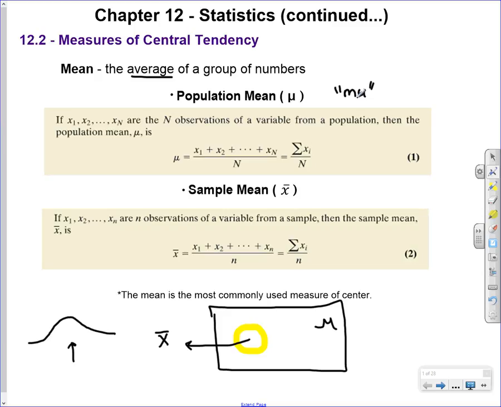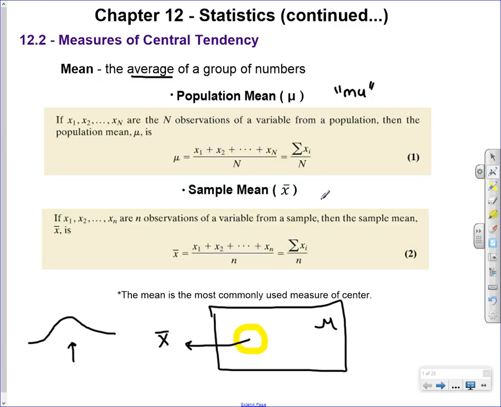Typically, parameters, meaning numerical summaries coming from a population, are generally Greek letters. Our statistics usually are not Greek letters; they're usually lowercase letters or have some special marking on them. So from the sample, we get a sample mean, and from the population, we get a population mean.